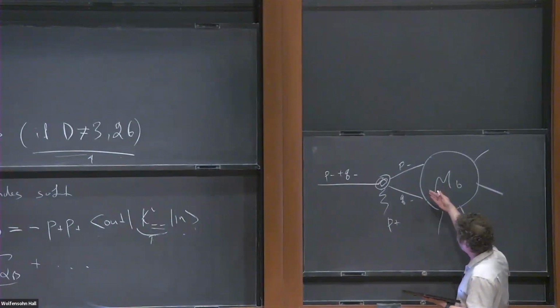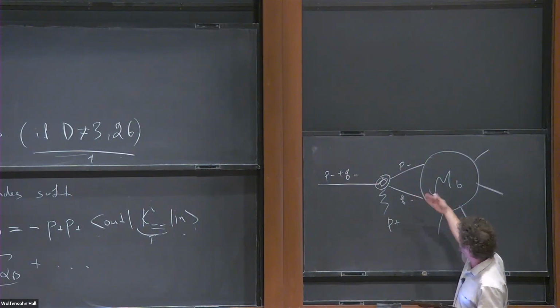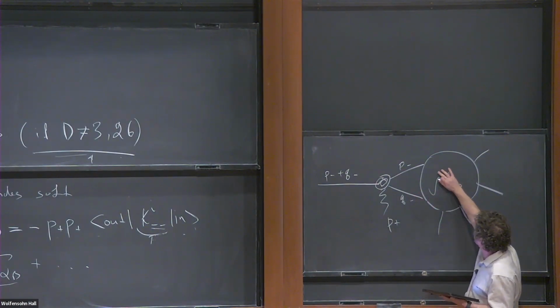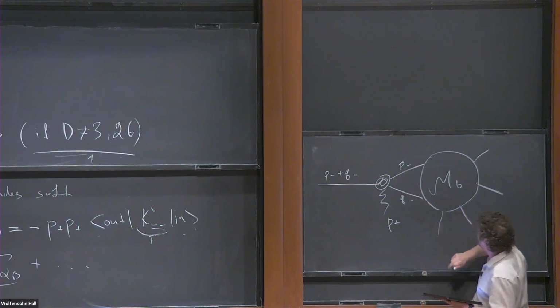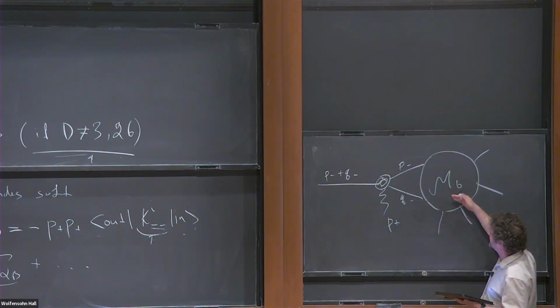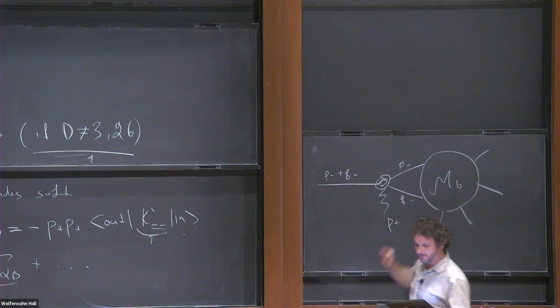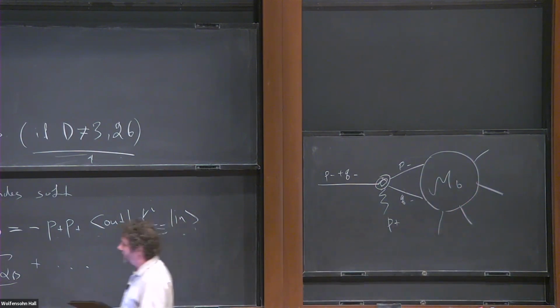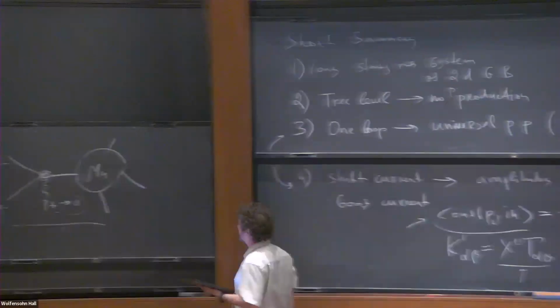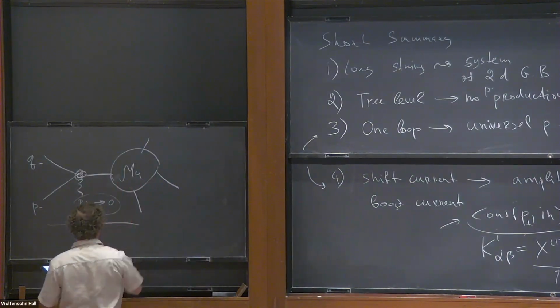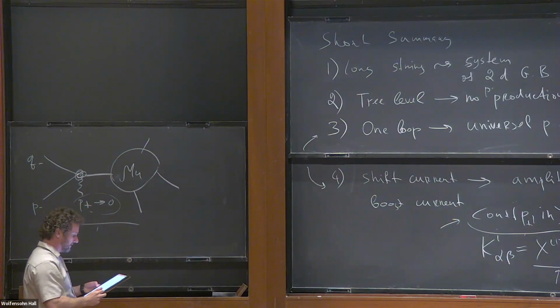And here the singular part, which gives rise to the non-double soft part, corresponds to these guys going on shell at the singularity, these internal lines. So this M6 here is also an on-shell matrix element, and this M4 here is also an on-shell matrix element.